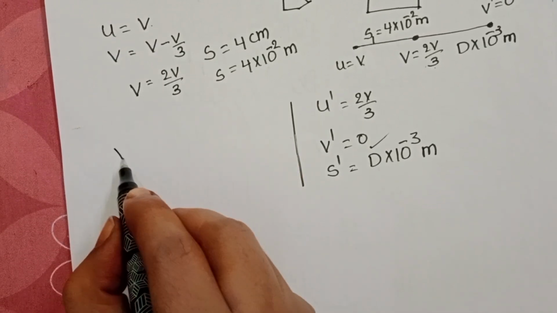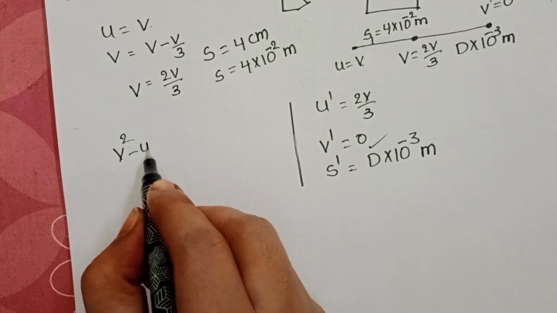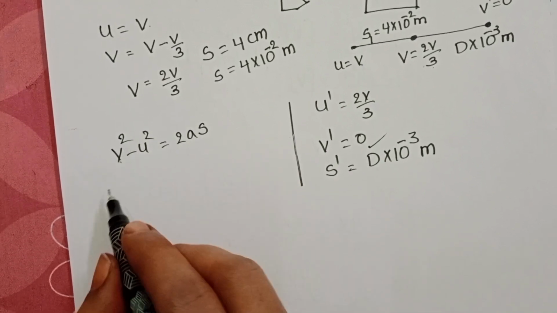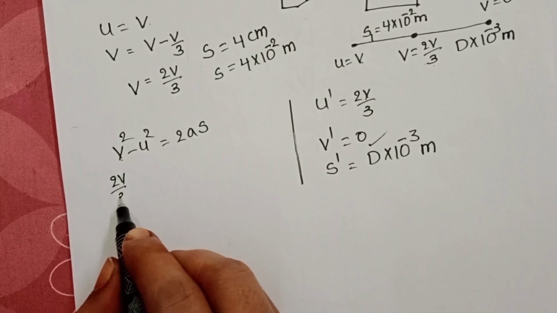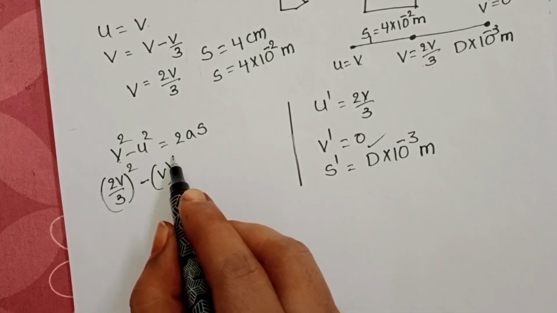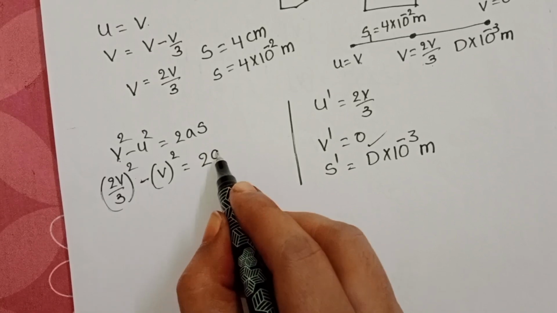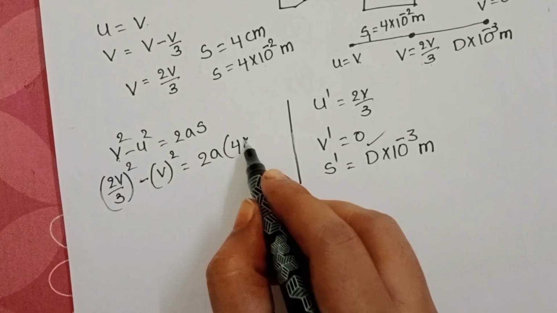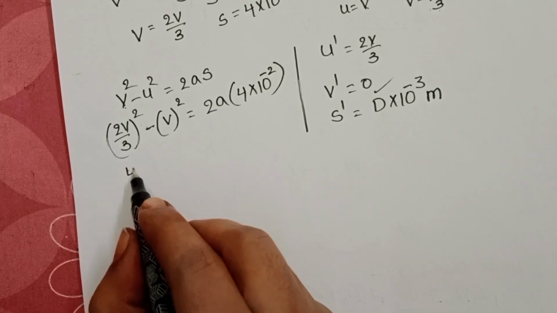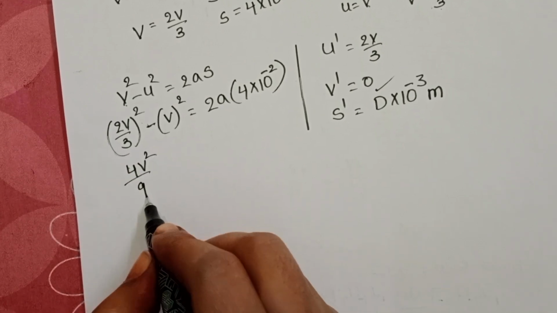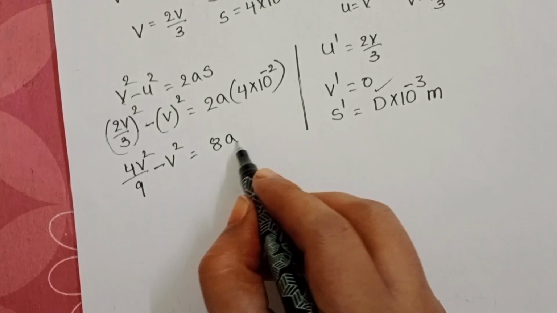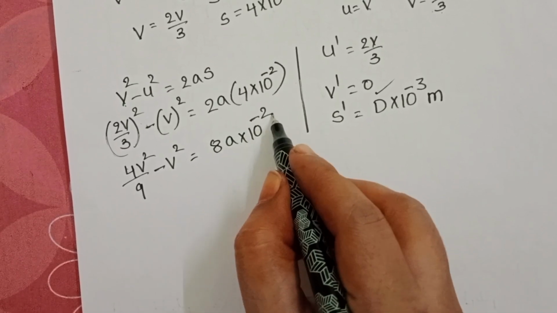Take v square minus u square equals to 2as. In place of v, (2v by 3) whole square minus u equals v square, equals 2a into distance 4 into 10 power minus 2. 4v square by 9 minus v square is equals to 8a into 10 power minus 2.